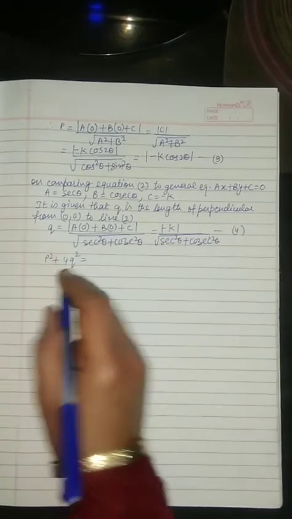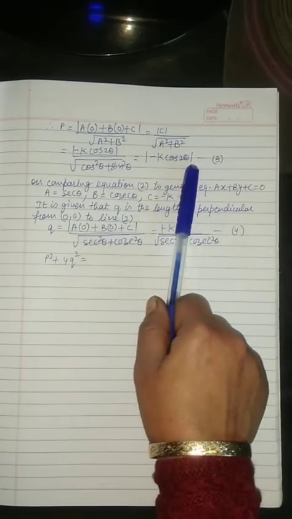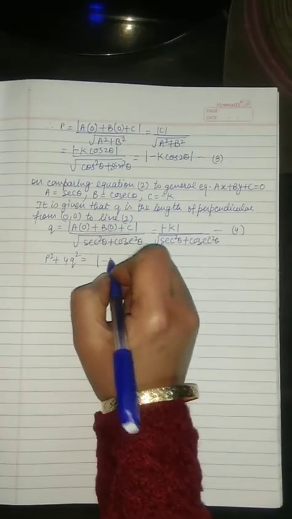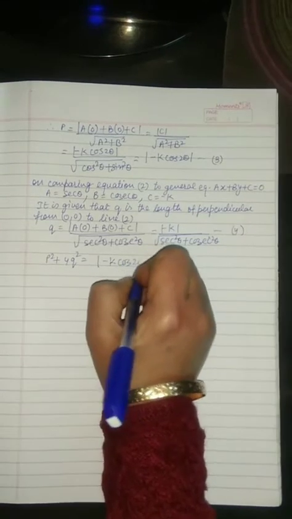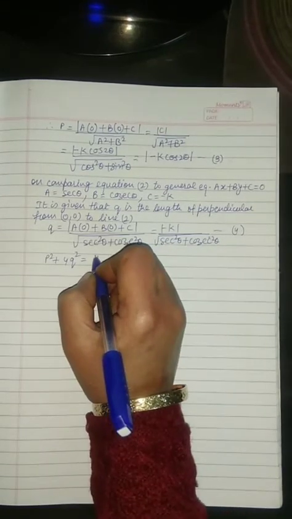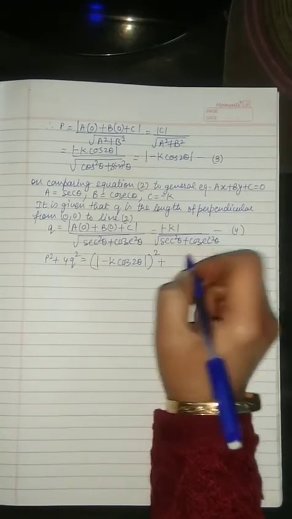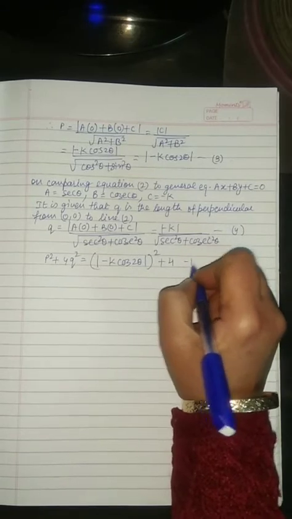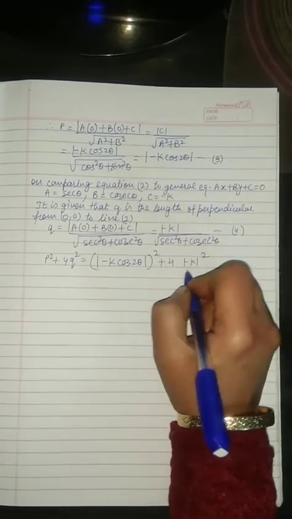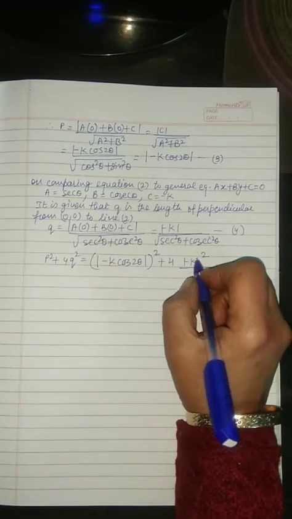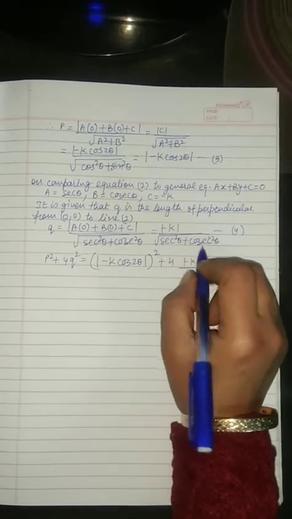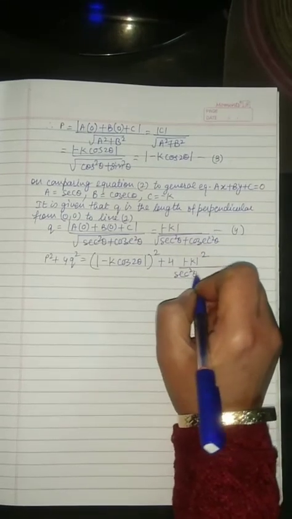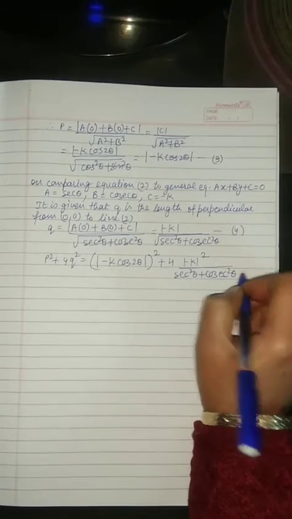The value of p is minus k cos 2 theta, so we will write modulus of minus k cos 2 theta whole square plus 4 times q square, that is minus k square upon secant square plus cosecant square under the root, and on squaring it that square root will be removed, so it will become secant square theta plus cosecant square theta.